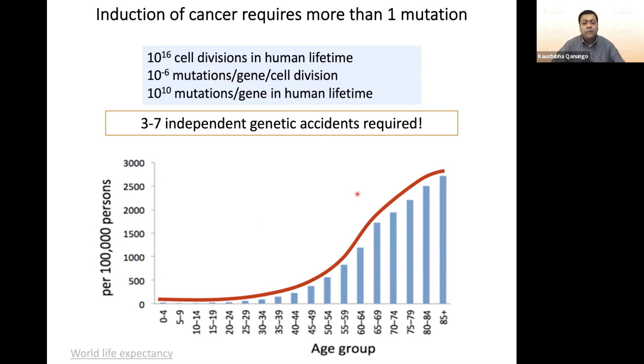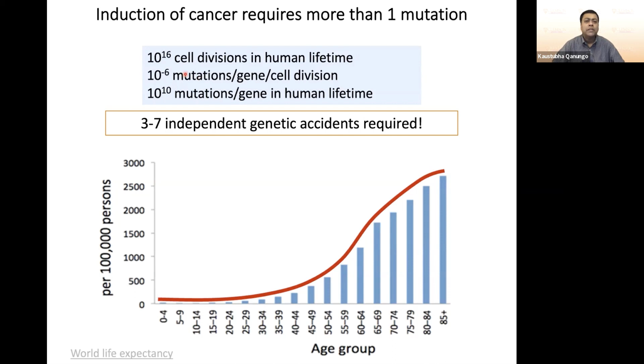So if you think about how many cell divisions happen in the human lifetime, and of course this is age dependent, but that does not mean the number will change that much. We will have about 10 to the power 16 cell divisions in a human lifetime. It's a mind-boggling number. So scientists can also understand how many mutations are the limit for our DNA polymerase, once DNA is replicated by the DNA polymerases and the additional enzymes.